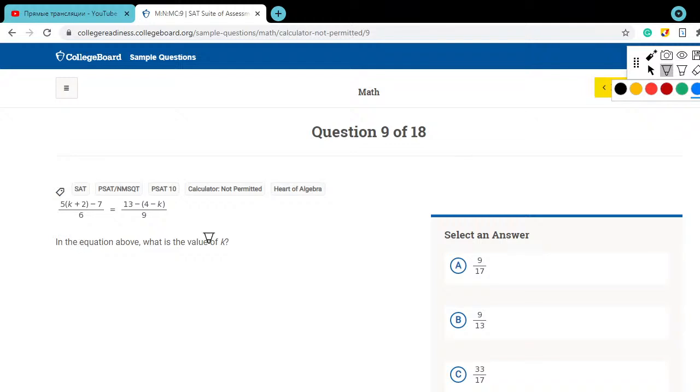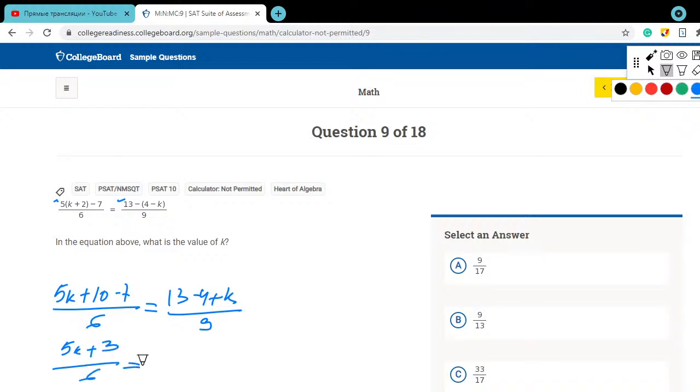In the equation above, what is the value of k? So let's first simplify what is in the numerator. It will be 5k plus 10 minus 7 divided by 6, and this would be 13 minus 4 plus k divided by 9, or it would be 5k plus 3 divided by 6, and this would be 9 plus k divided by 9.